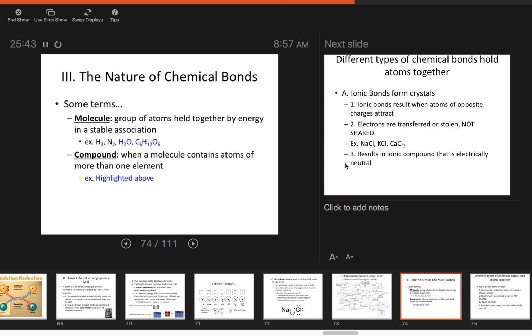Water, well, it's a molecule because it's stable, but it's also considered a compound because you have hydrogen and oxygen atoms. Sugar has three different elements, carbon, hydrogen, oxygen, bonded together in a stable formation. So it's a compound and a molecule. So you could use those terms interchangeably with these two, but not with the first two.